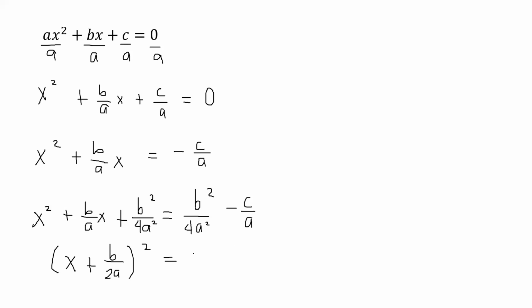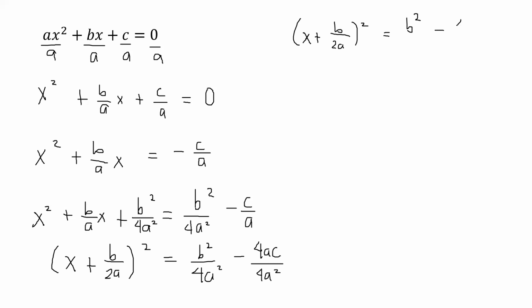So we get b squared over 4a squared minus 4ac over 4a squared. Let's copy it here: x plus b over 2a, quantity squared, is equal to, and now we can combine them because they have the same denominator, b squared minus 4ac all over 4a squared.